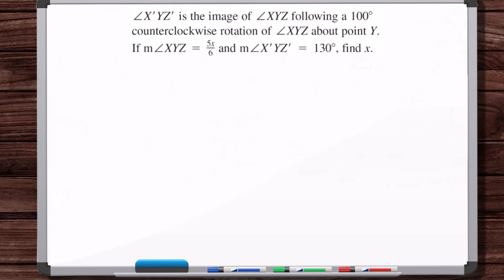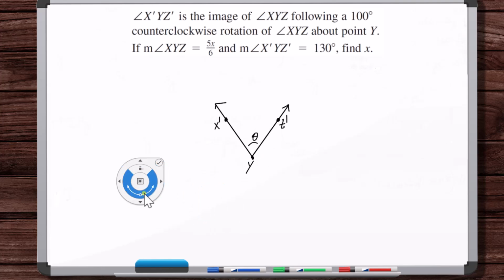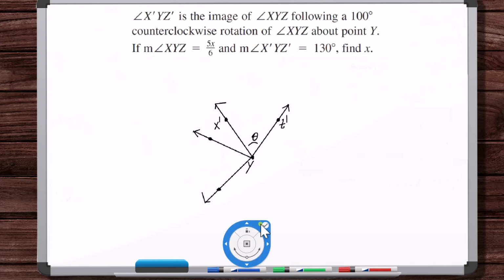So you've got angle x prime y z prime. Okay, so here's this angle theta. Now, if we rotate it about point y 100 degrees counterclockwise, there's 100 degrees.